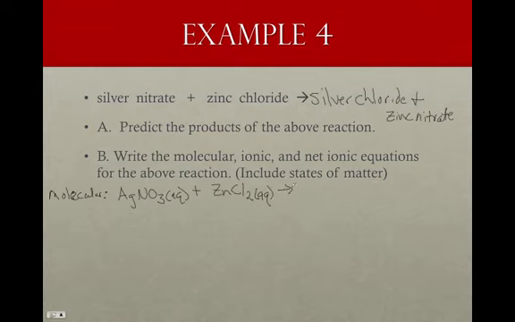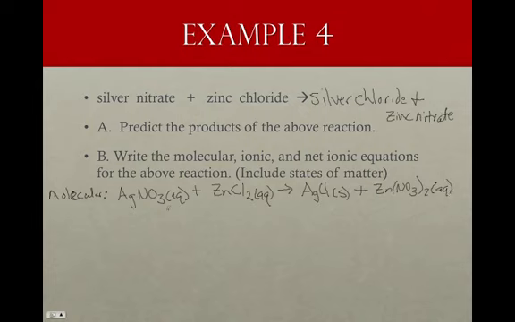Goes to silver chloride, which is AgCl, and while most chlorides are soluble, silver is one of those exceptions, so it is not aqueous, it's going to be a solid, plus zinc nitrate, and all nitrates are soluble, so we're going to put that as aq.